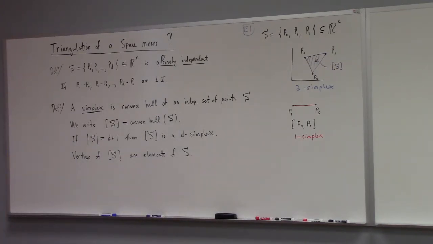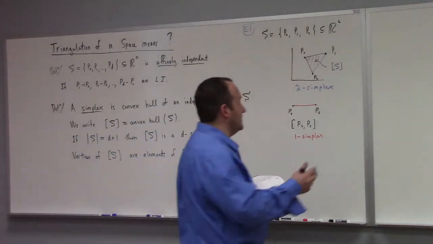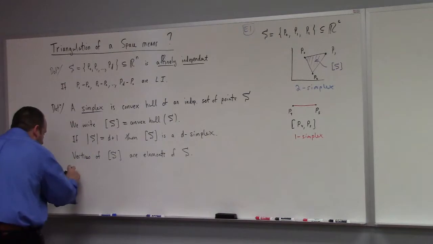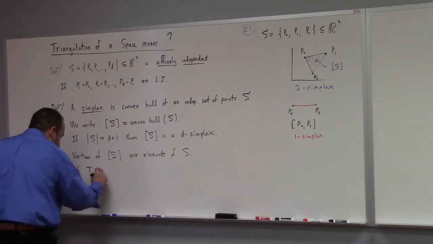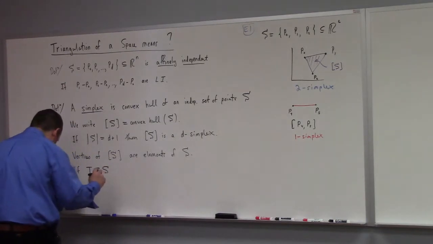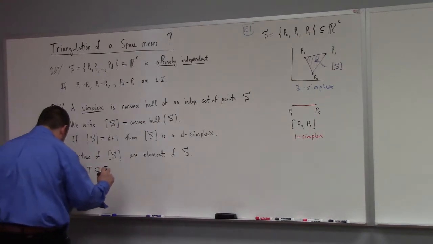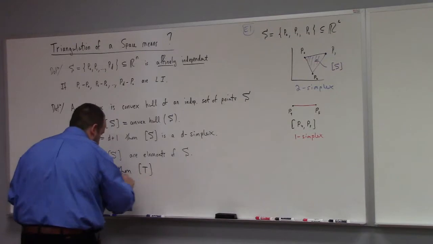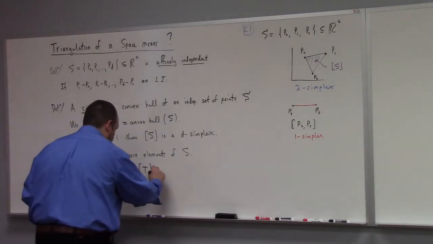Furthermore, because a subset of an independent set of points is itself independent, any proper subset of an independent set of points itself determines a subsimplex. So if T is a subset of S, then T also determines a simplex.